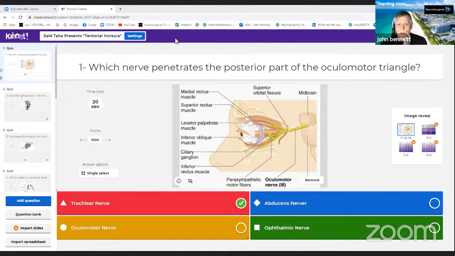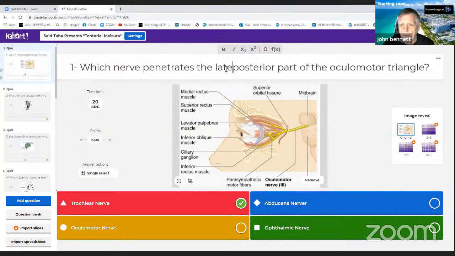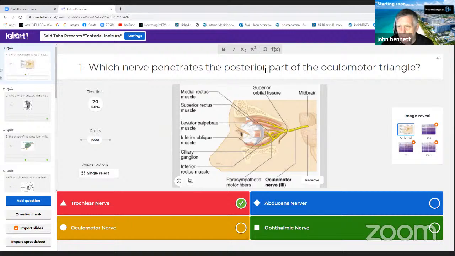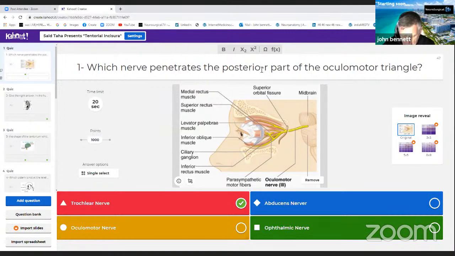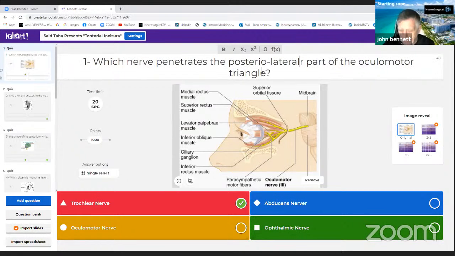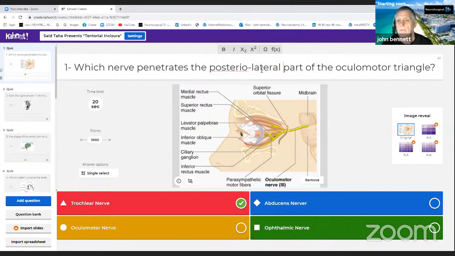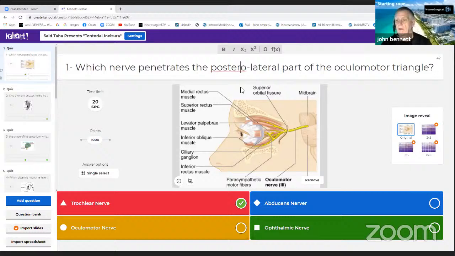Which nerve? Posterolateral part of the oculomotor triangle. Okay, that's good. Any more?